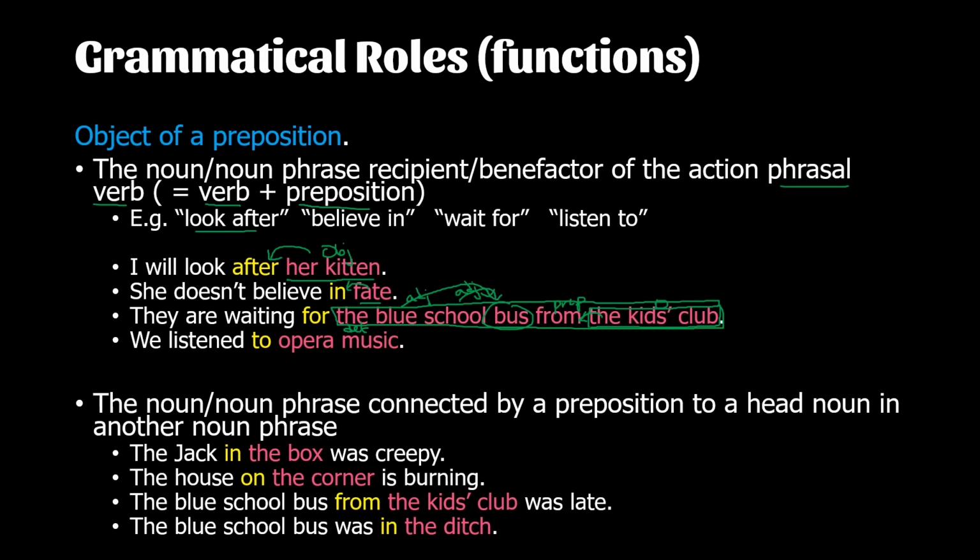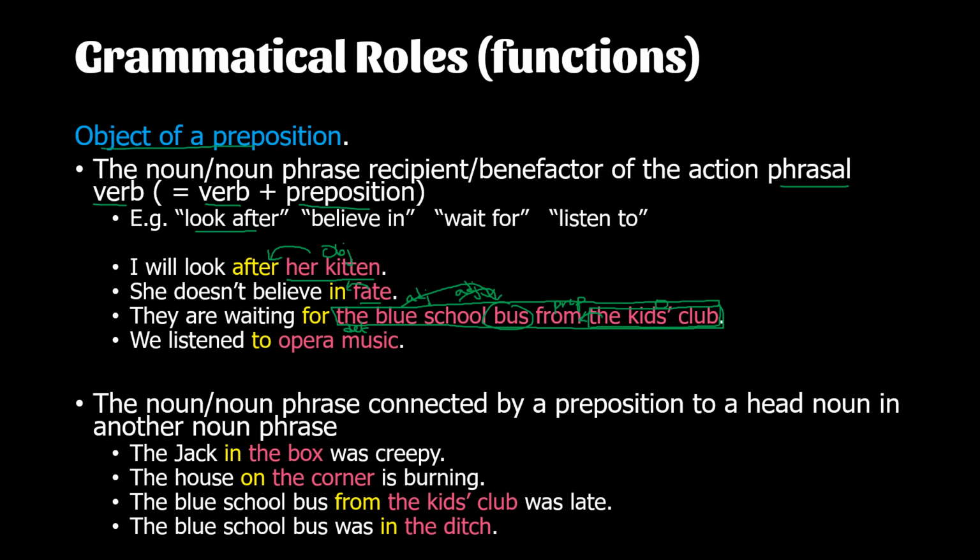So think back to the onion. You can have preposition phrases inside other noun phrases, which are the objects of other prepositions. These are called nested prepositional phrases, but each noun group inside a prepositional phrase is the object of a preposition.